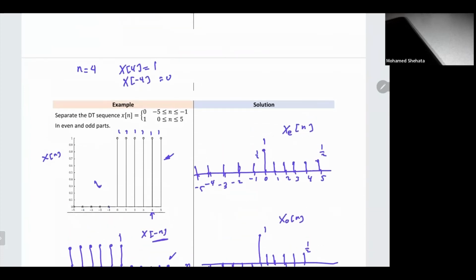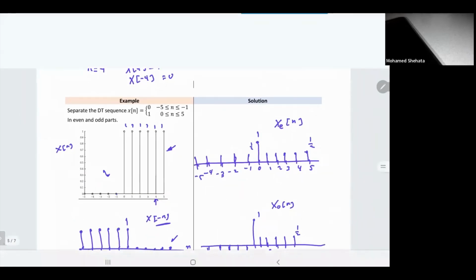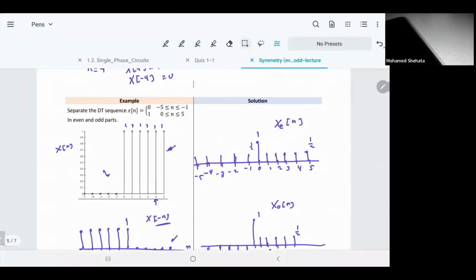Well, let me just explain it for you. What does it mean?